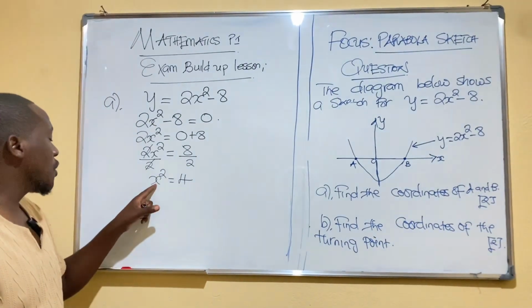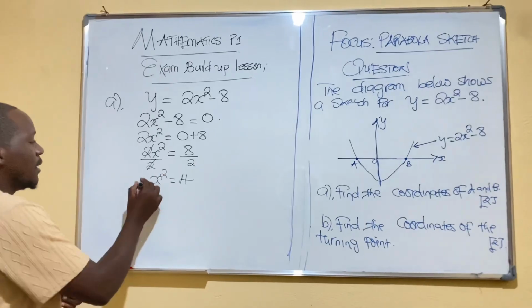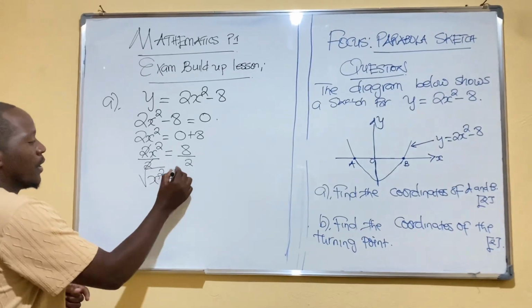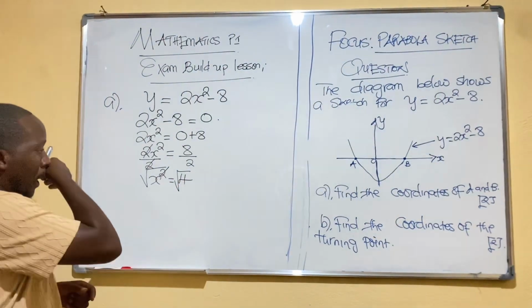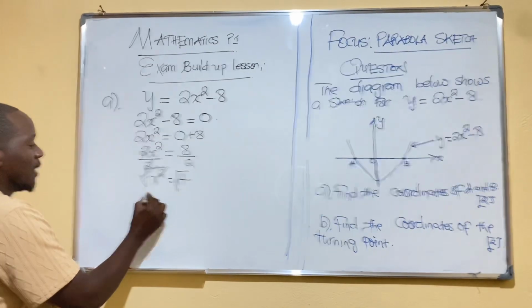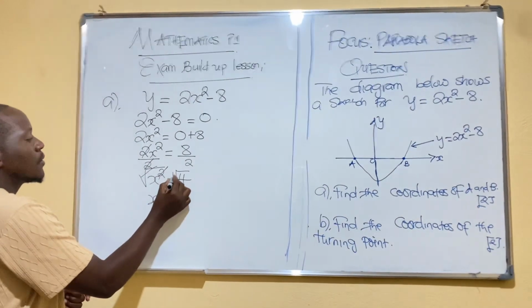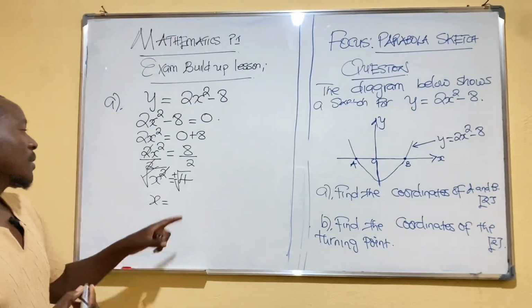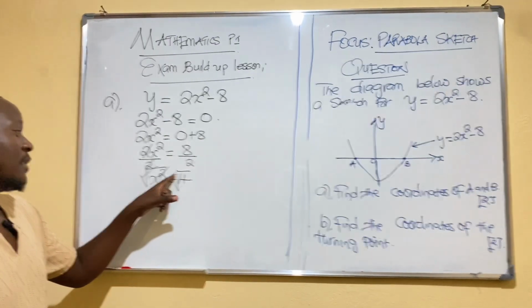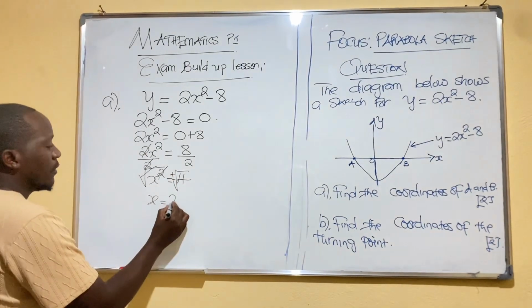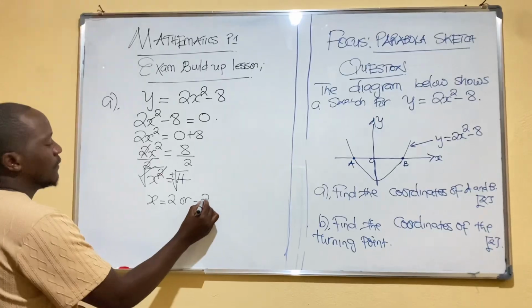So at this stage, we have x to the power 2, which means we're supposed to introduce a square root. So here the 2 and the square root cancel, so x equals, a square root has two solutions. So the square root of 4 is a positive 2 or a negative 2. So we're going to say 2 or negative 2.